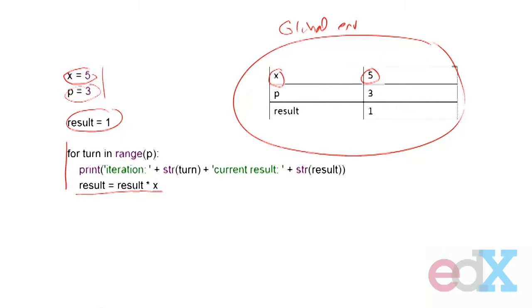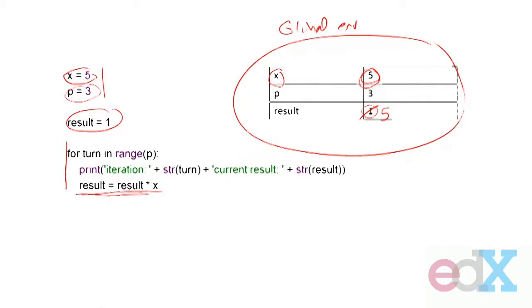We know what should happen, but in terms of the environment, when I want to evaluate this expression, it says get the value of result by looking it up over here in the environment. Get the value of x by looking it up here in the environment, multiplying them together, and then rebind result to that value. That was when turn was equal to 0. Having done that, we go back and we say turn equal to 1.